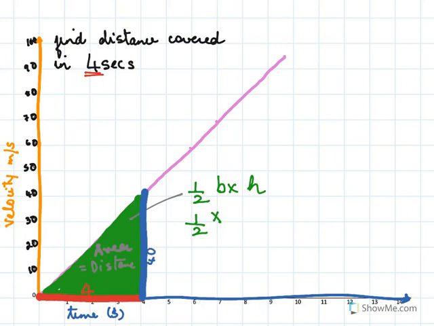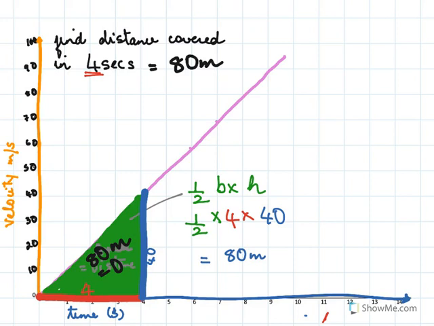So the area now will be half into 4, which is the base, into the height, which is 40 units. So you will agree that this is going to be now 80 meter. So the distance covered in the first 4 seconds is 80 meter.